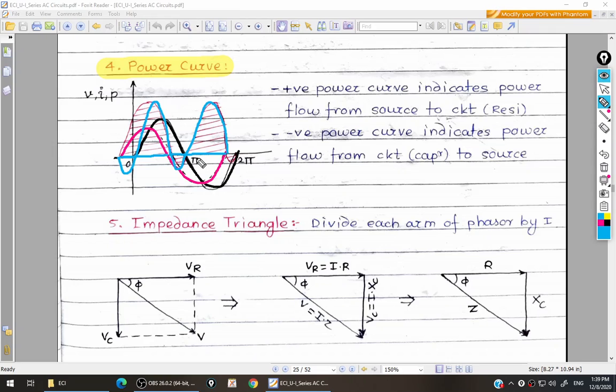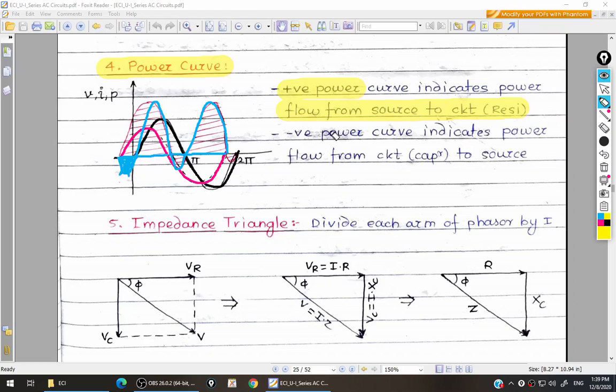Now we can see that sometimes power is negative, and sometimes power is positive. So what does this mean? If power is positive, it means power is flowing from source to the load.